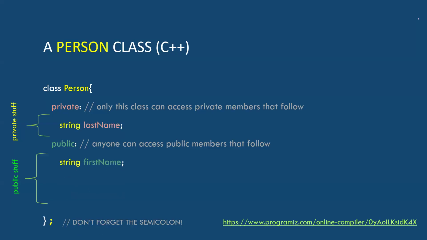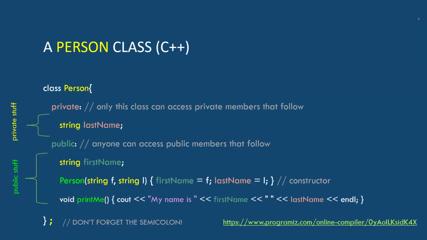And in our public area, maybe we have some data members there, but for the most part, we're going to have methods and our constructor there. And that's what we call our interface. That's how we want most of the world to interface with our class, through the constructor and through our methods. And that also happens to be kind of one-to-one with this idea of an abstract data type.